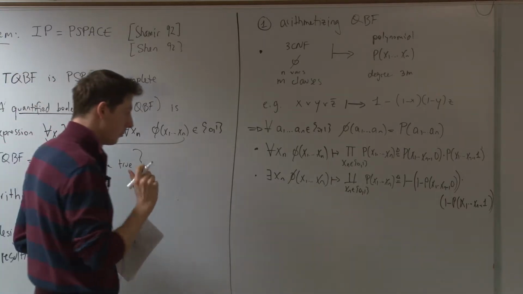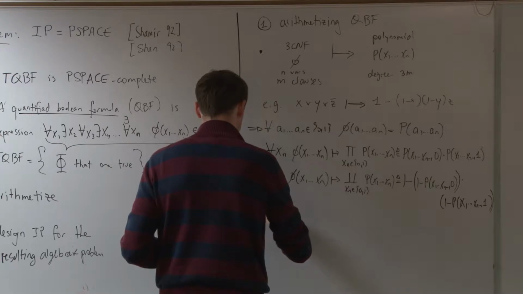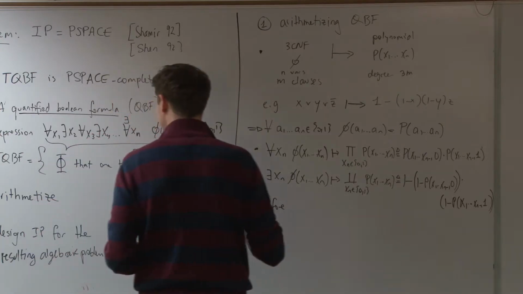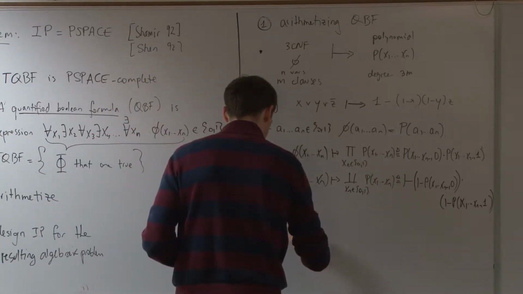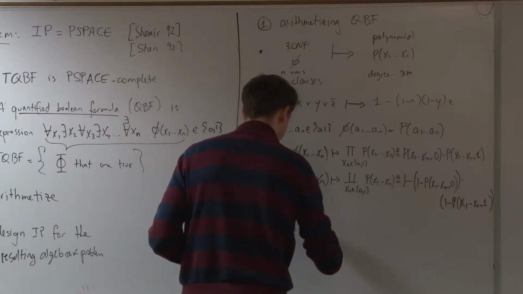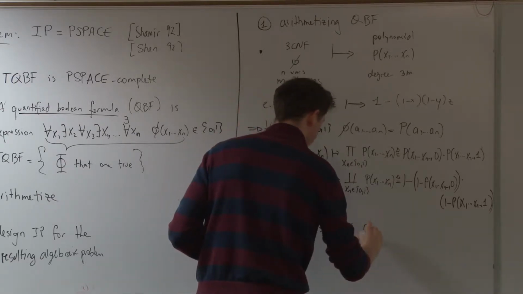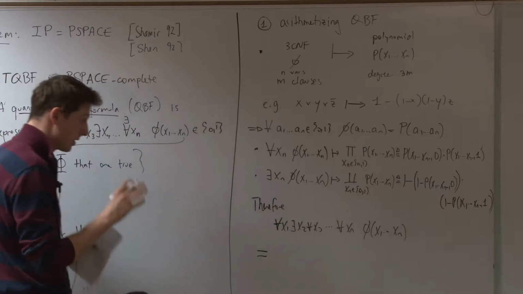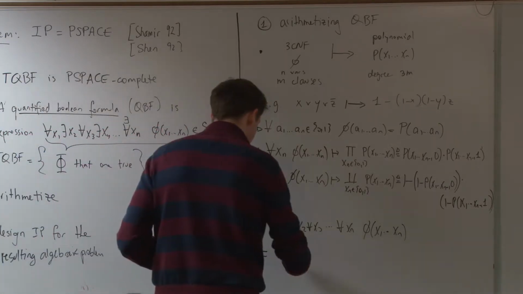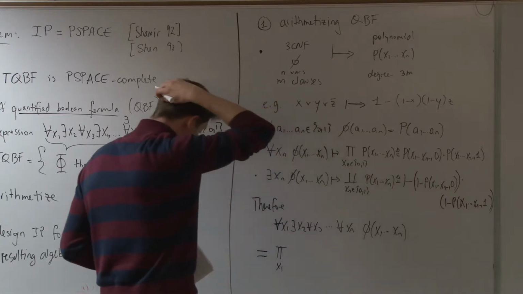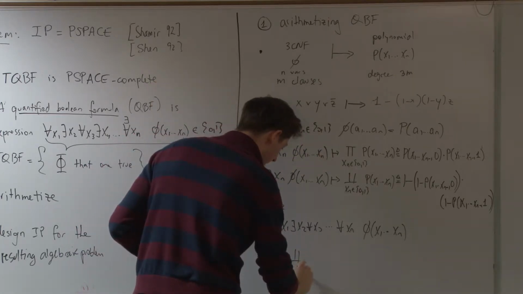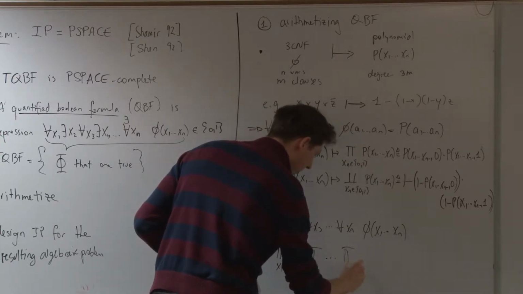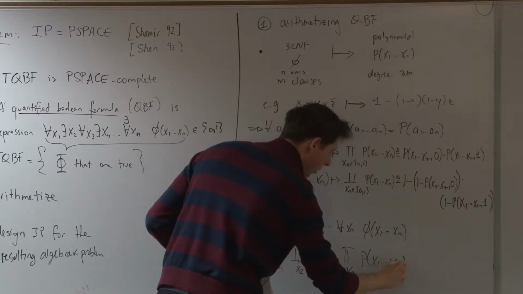Okay, so it should be clear that, therefore, if I write an expression such as for all x1, there exists x2, for all x3, and until for all xn, and I write this expression, which is either 0 or 1, it should precisely equal the value that I get if I apply all these operators to the polynomial that we obtain from the formula.